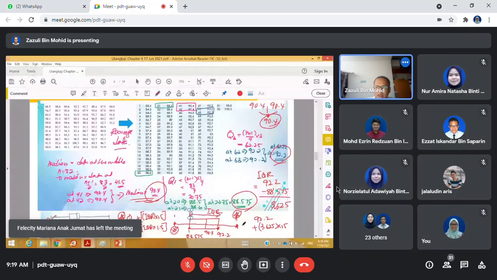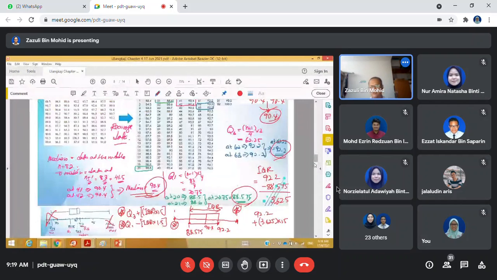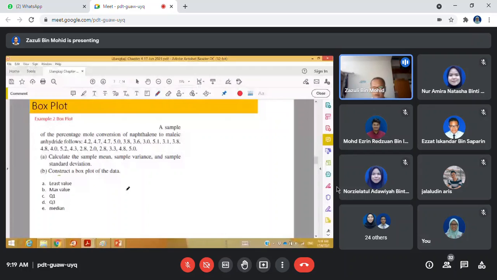The box plots, in the chapter also I've given you another example of how to draw the box plots, calculate the sample mean, sample variance, and sample distribution. This item here, I can say 100% of you got it right in your answer.